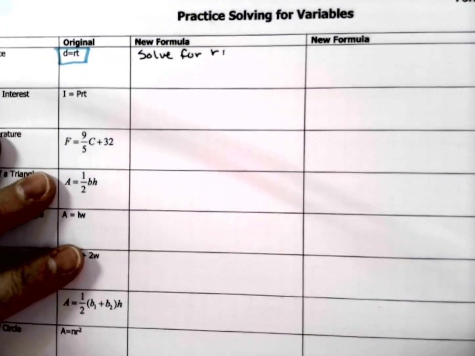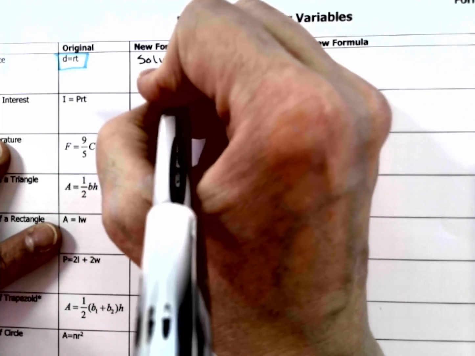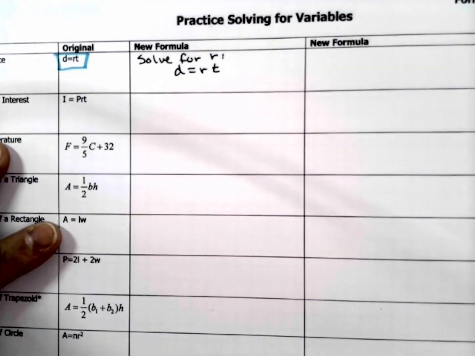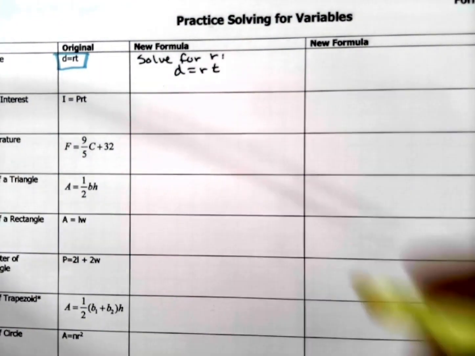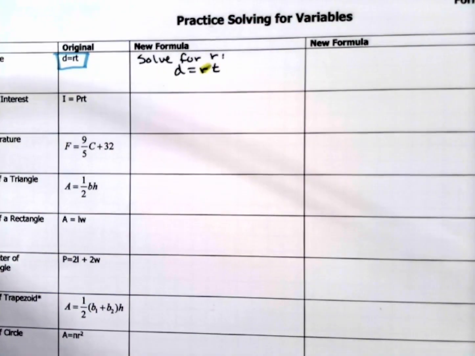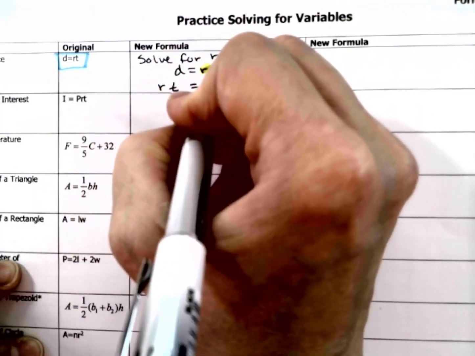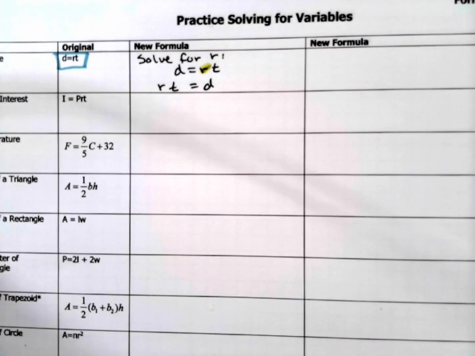I'm going to solve for R. So we start with D equals RT. I need to get R by itself. So here's my R. So let's just flip-flop the sides and get it onto the left. So RT equals D. So now we have our R on the left, which is good.